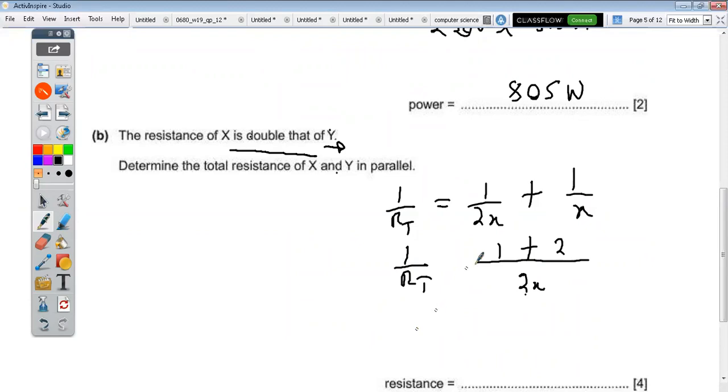Are we together? Add these two, you get what? 1 over RT is equal to 3 over 2X.